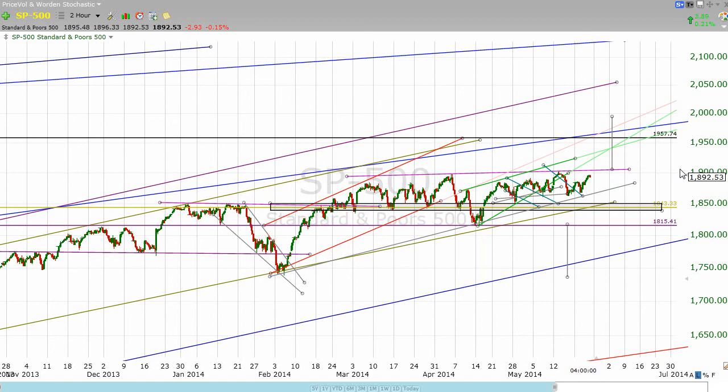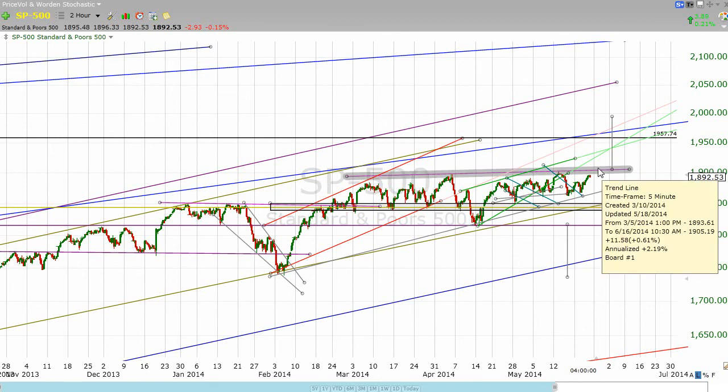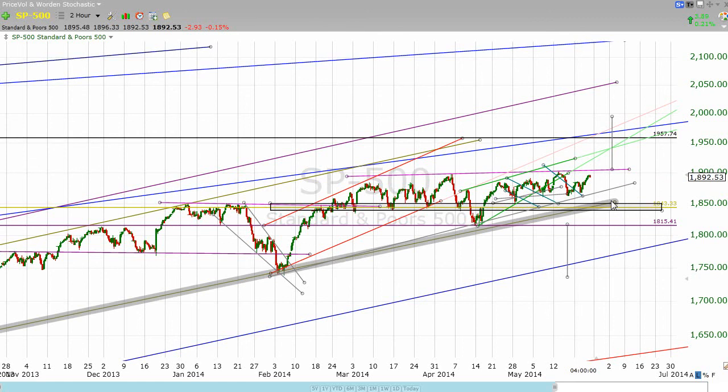So at some point in the weeks ahead, 4, 5, maybe 6 weeks ahead, something's got to give. We have to either get up over this line, or we start breaking down some of the trend lines that we've been bouncing off of pretty well for the past few months.